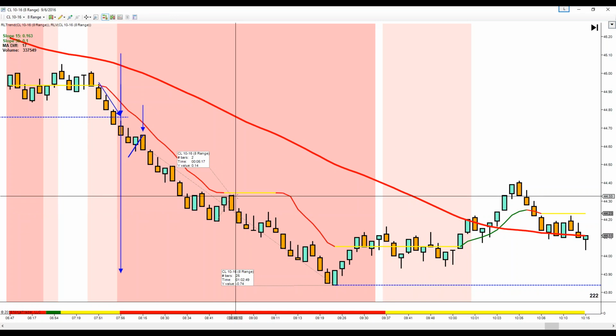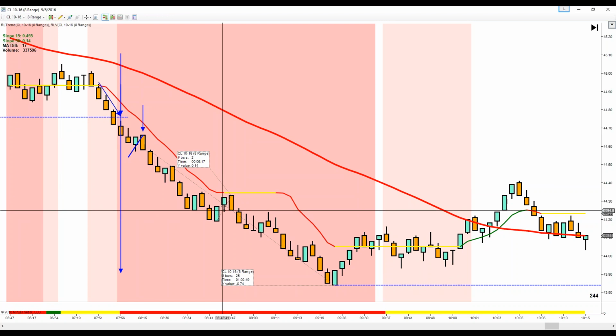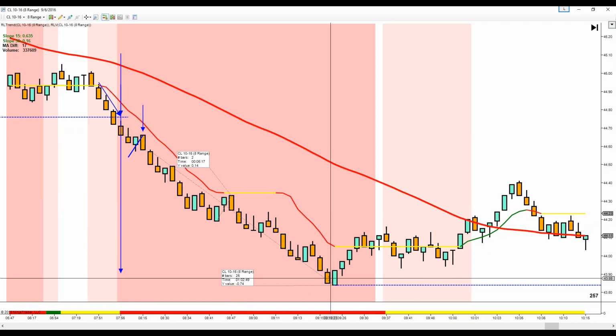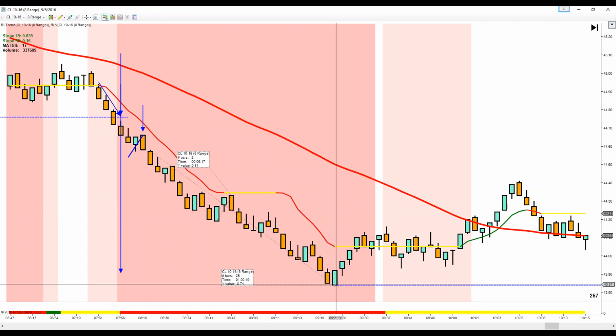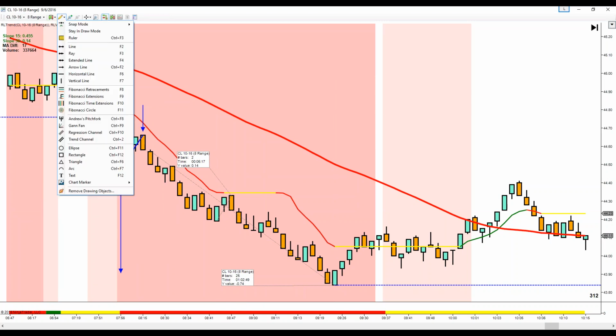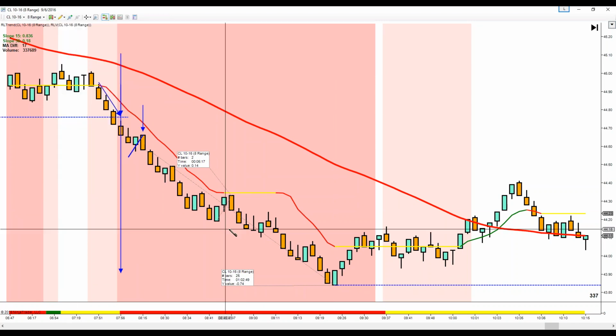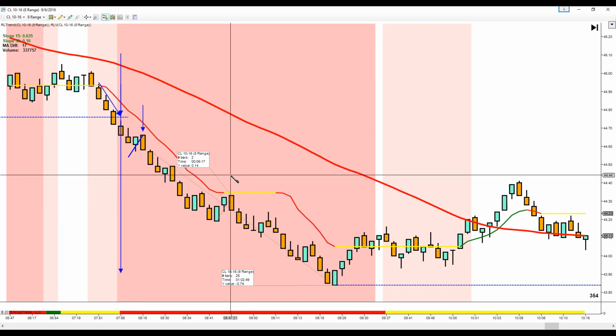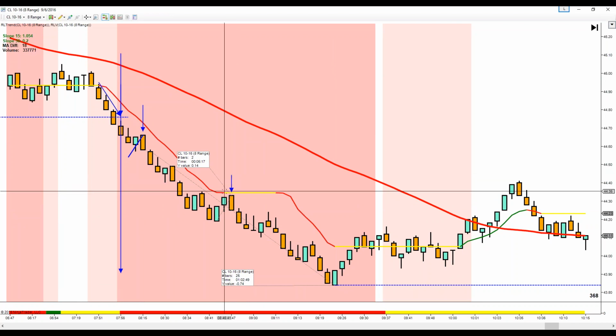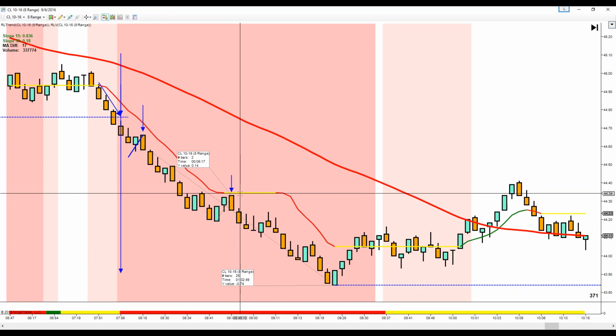It's a magic number for some reason that this instrument likes to retrace 14 and then roll over. That's why our stop is 15. What the system is going to take you out on is this first down candle on a yellow modified 15 here. That tells you that the trend is likely to be over.